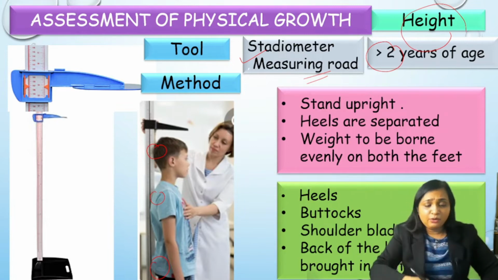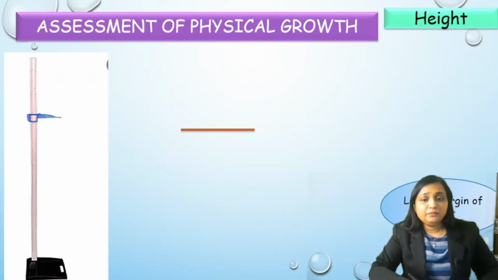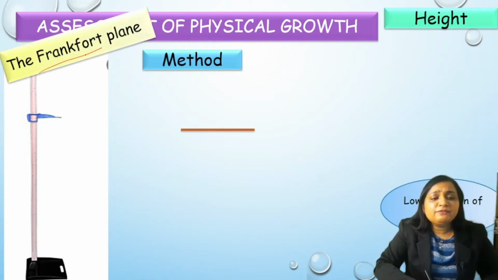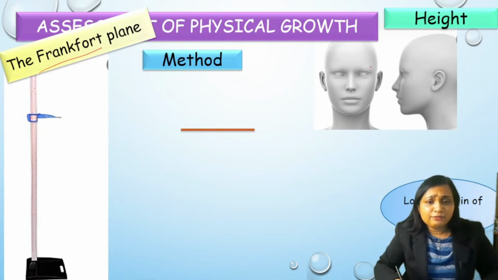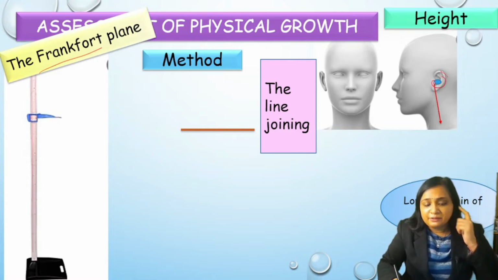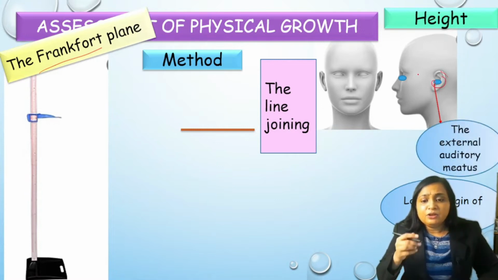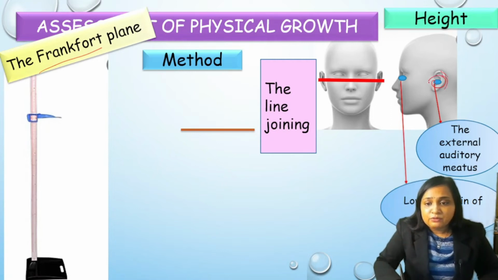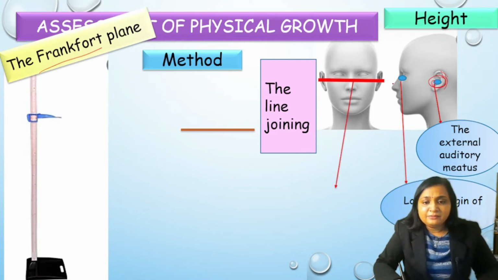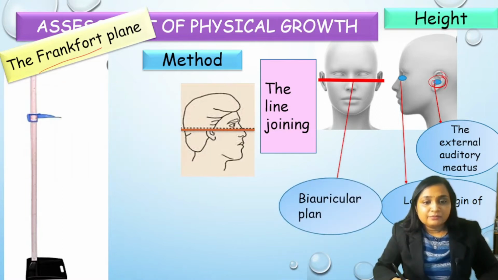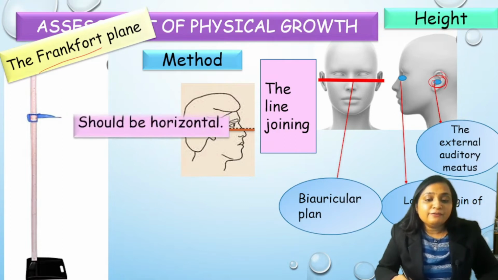Now something about the head part. If you are taking the height, then you should know the Frankfurt plane. What is the Frankfurt plane? It is a line joining the external auditory meatus and the lower margin of the orbit. If you join these two points, the biauricular plane, then it is called the Frankfurt plane.